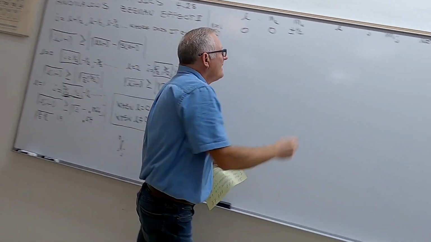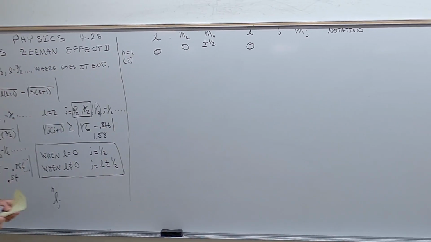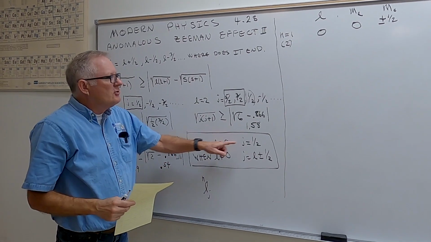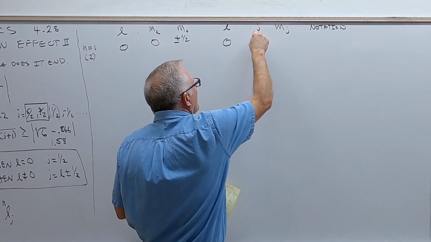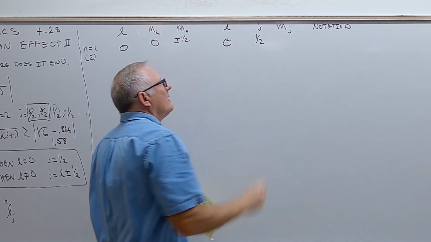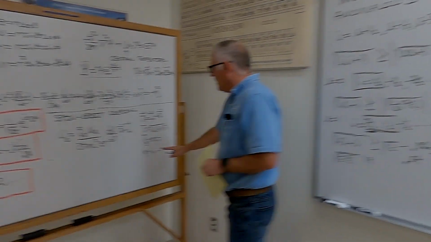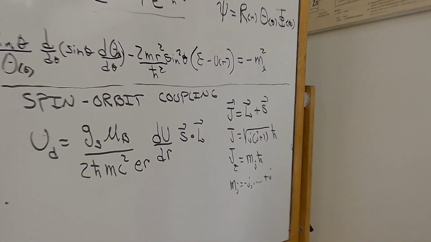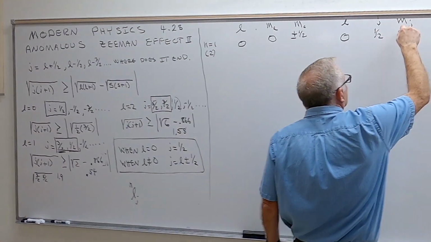Over on this side, L is 0. We already said L is 0. When L is 0, j can only be a half, so j is 1/2, and m sub j, we already know, goes from minus j to plus j. So there's two of them, there's plus or minus a half.